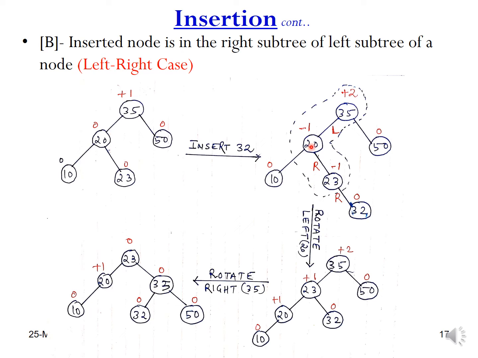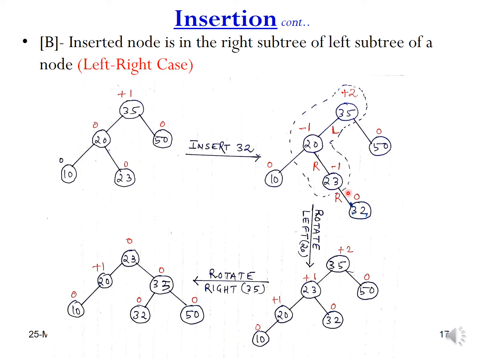The balance factor of 20 will be 1 minus 2, which is minus 1, and the balance factor of 35 will be 3 minus 1, so it comes out to be plus 2. This disturbs the property of the AVL tree, so this is not an AVL tree.